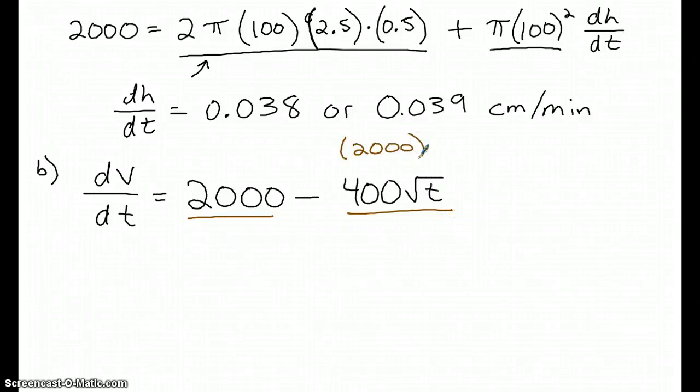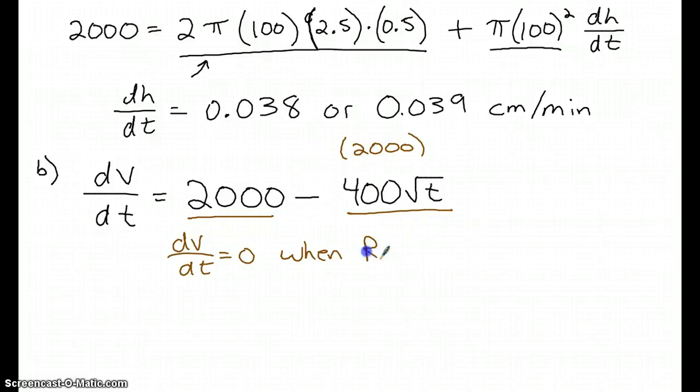So dV/dt is going to be 0 when our function r(t), the rate of removal, is also equal to 2,000. So we can simply substitute 2,000 as r(t) and solve for t to find out that time.